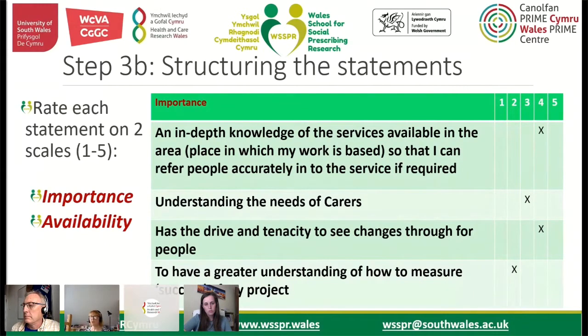Usually, the first one is importance, and the second scale used on this occasion was availability. So, for example, you can see there: an in-depth knowledge of services available in the area, place in which my work is based, so that I can refer people accurately into the service if required, is on a rating scale of 1 to 5. And you can see examples of how these statements have been rated. Next slide, please.